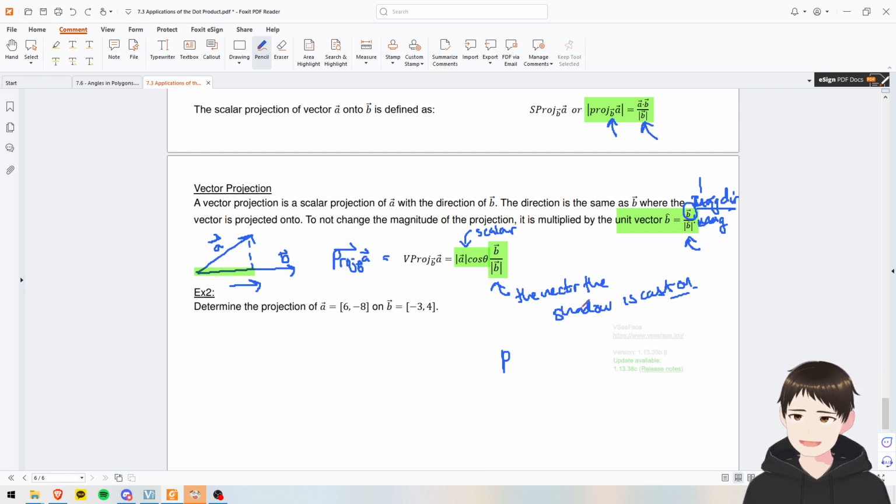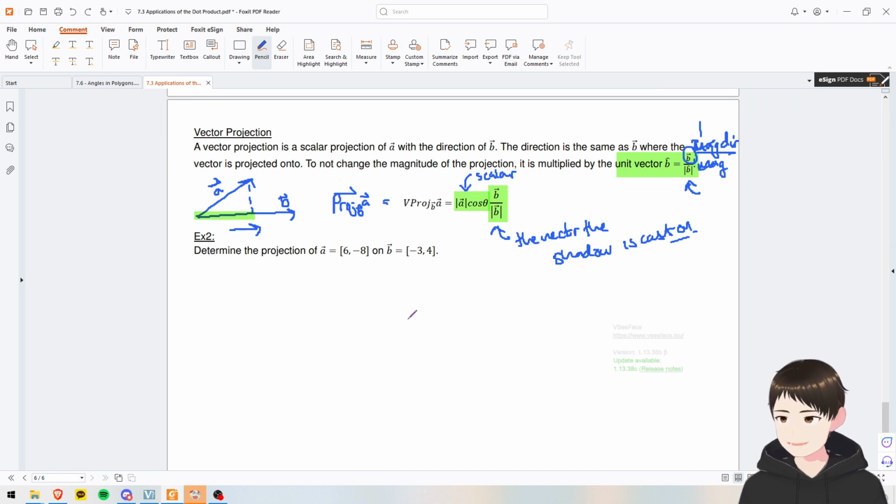So let's try a practice question. Determine the projection of A on B. And they give you Cartesians. Interesting. They don't give you angles at all. That gives you a huge hint. I'm not dealing with that.